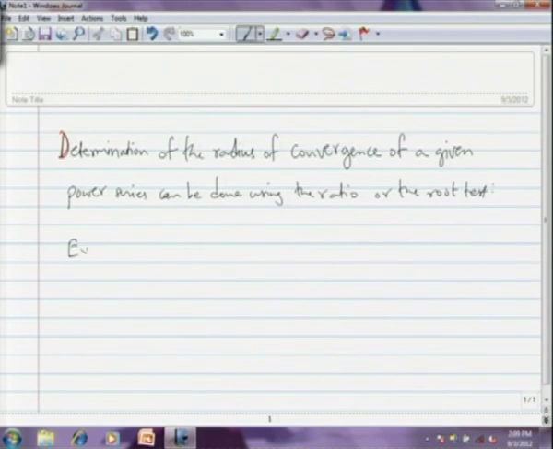So, here is an example of using the ratio test to determine the radius of convergence. So, consider the power series, sigma z power n by n factorial, n from 0 through infinity.